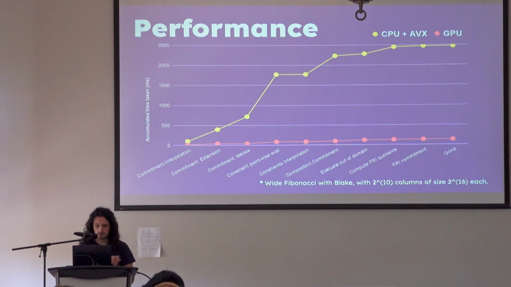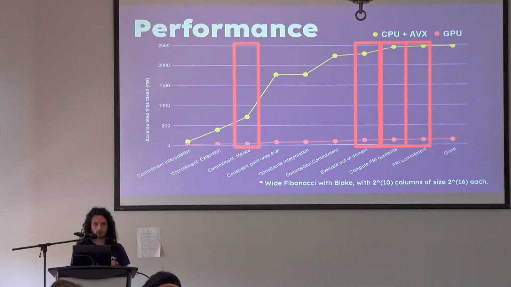Just for completeness, this is not over a specific trace. In particular, we made this over a simulated trace named the wide Fibonacci, which is made to be big and wide for us to test the prover with as much data as possible, right?